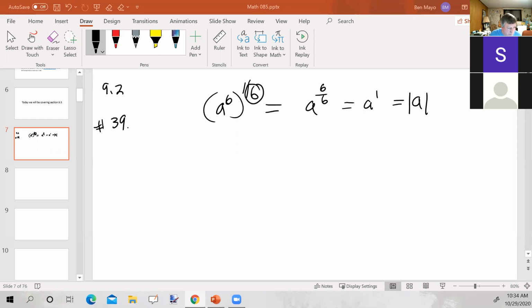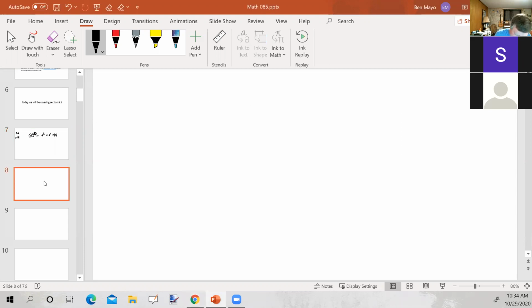So this is in section 9.3, and this is number 9. It says, simplify the radical expression.